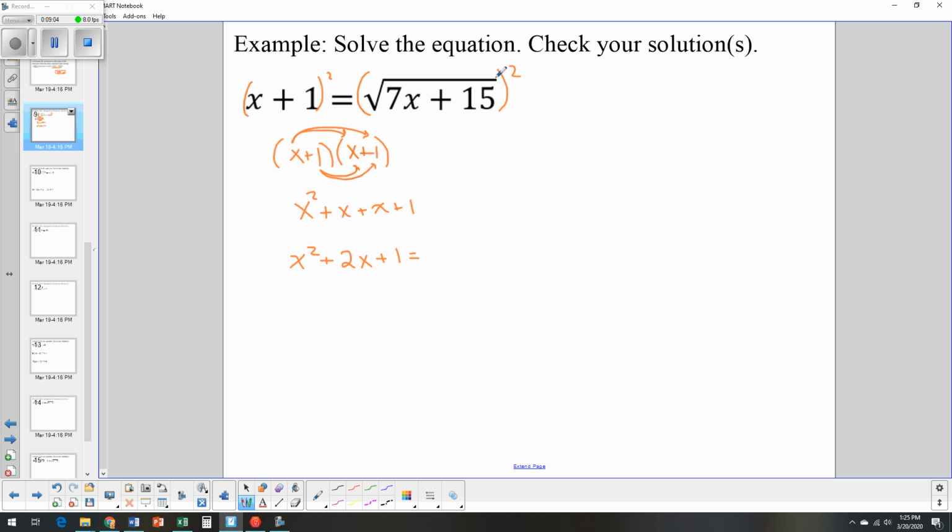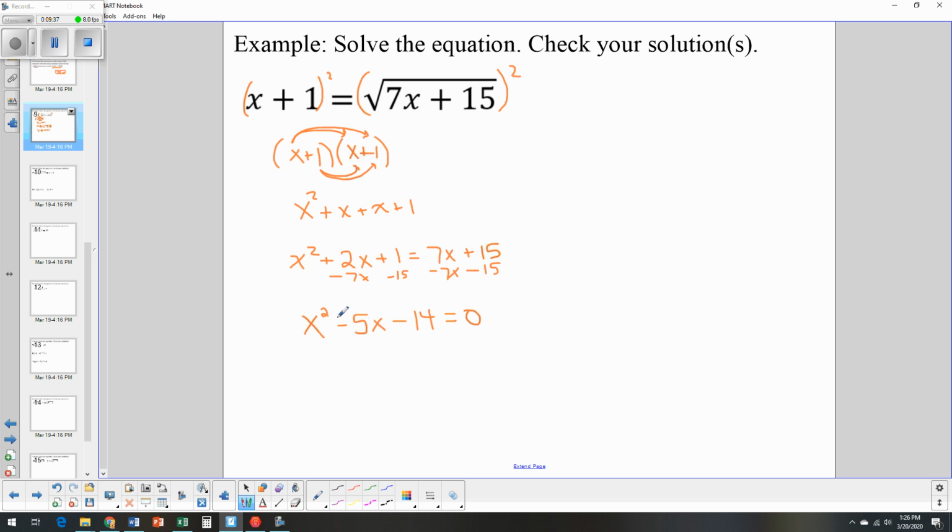And on the right side, our symbols cancel, and we're just left with 7x plus 15. Now I have a quadratic, and we know in order to solve a quadratic, it should be equal to 0. So I'm going to minus the 7x, and I'm going to minus the 15. That leaves us with x squared minus 5x minus 14 equals 0.